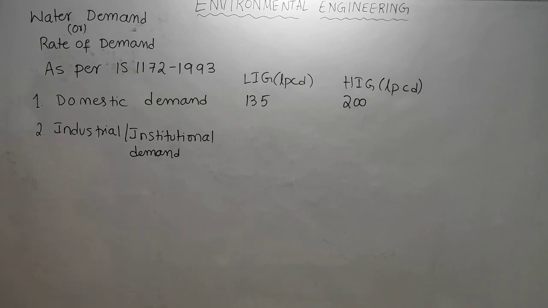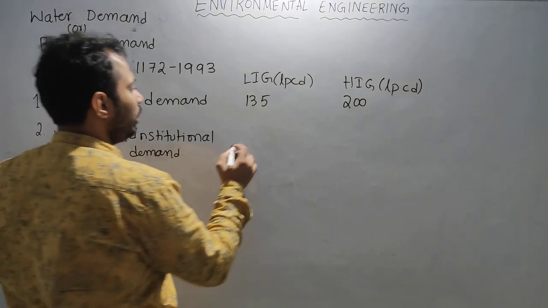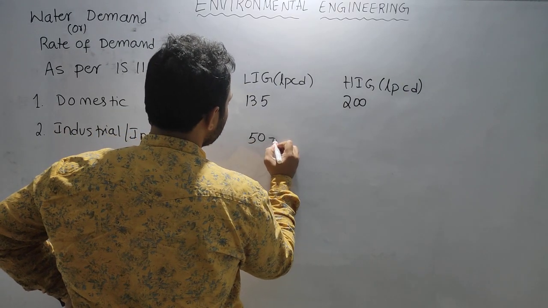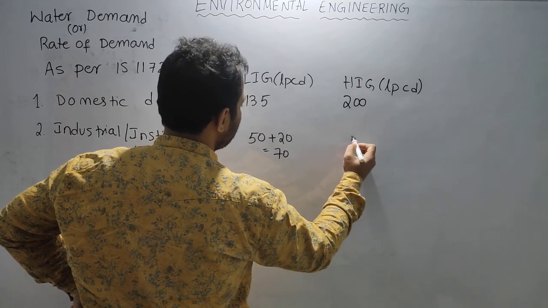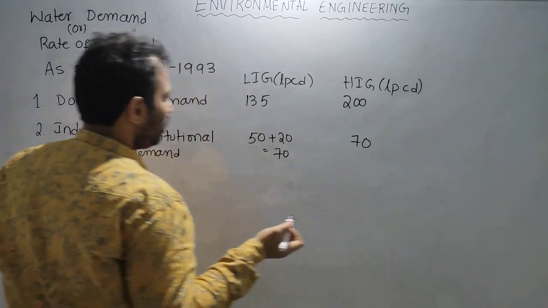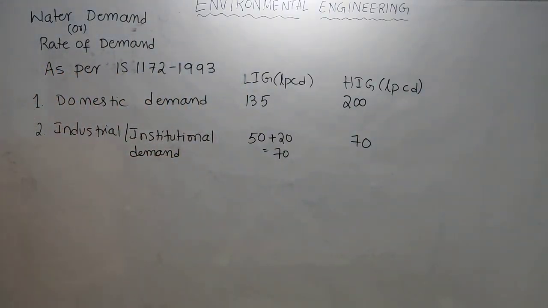Jointly it is 70, 50 plus 20, in both the cases, HIG as well as LIG, because industry and institution are not relevant to the income groups.